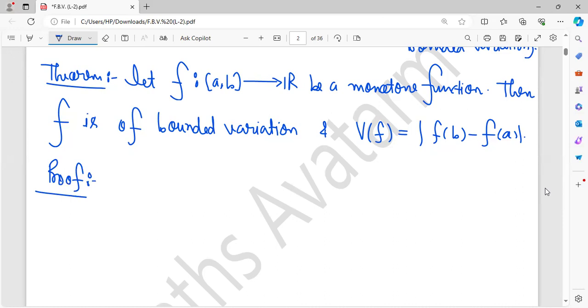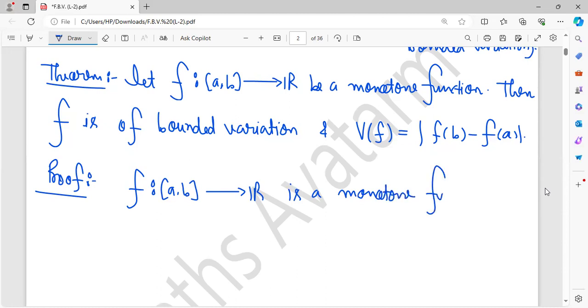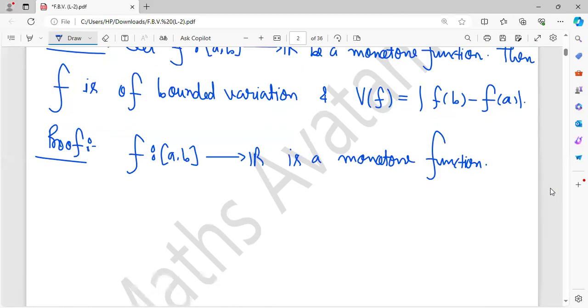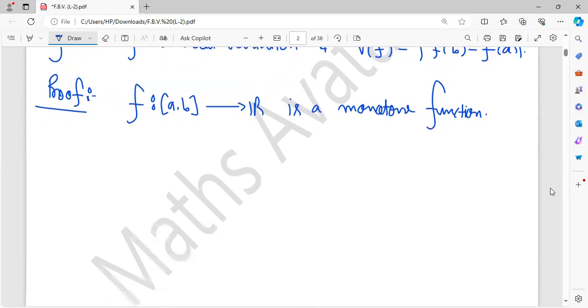So f: [a, b] to R is a monotone function. Monotone function means it has two senses: either it is monotonically increasing or decreasing. So we will prove first for monotonically increasing, then we will prove for monotonically decreasing.